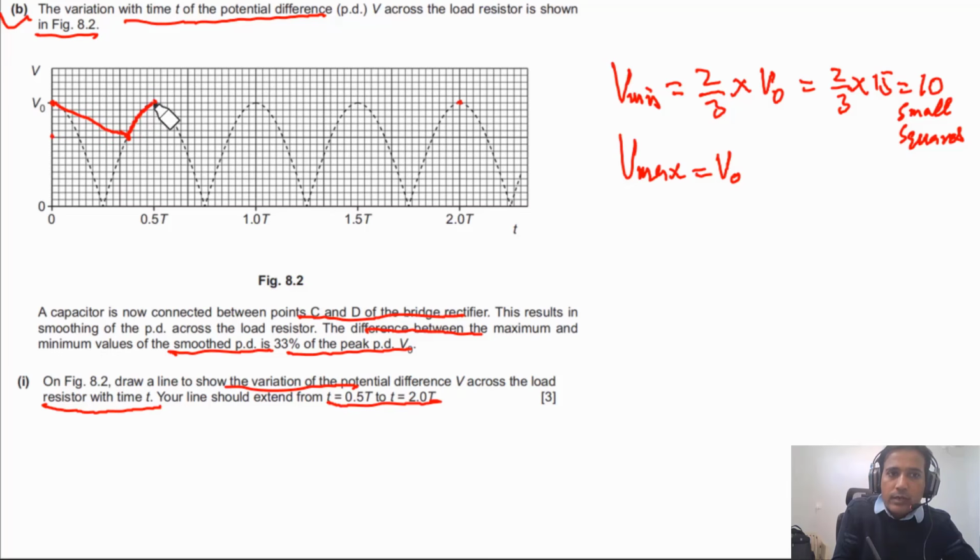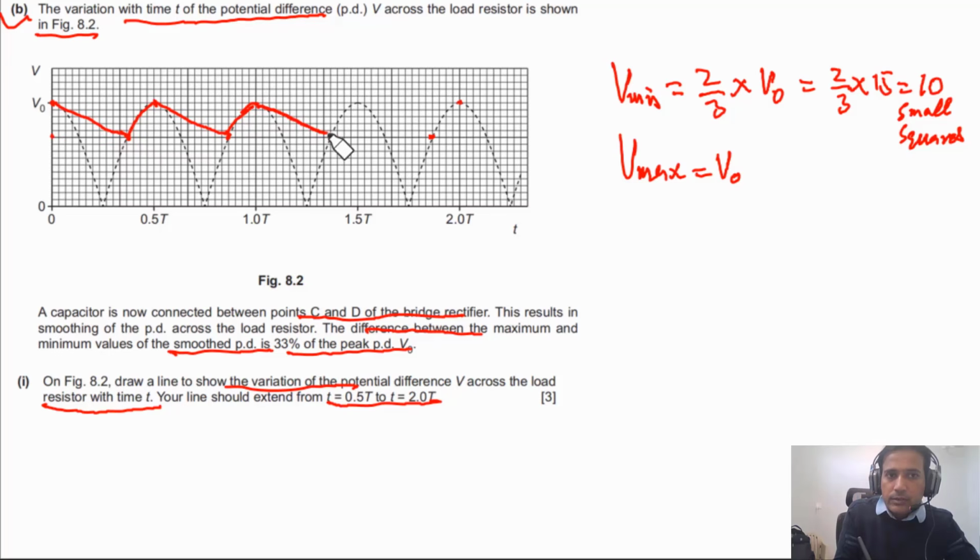Then it will rise. So here it will fall to this value. Then it will rise. It will fall to this value. It will rise. Then it will fall to this value. Then it will rise. Then it will fall. So now simply from here exponential decay, then here it rises to the maximum value.